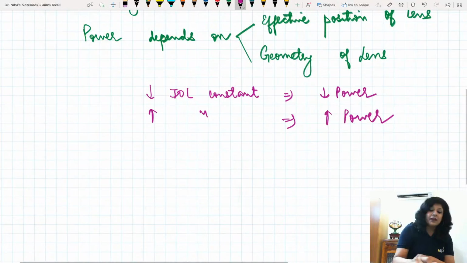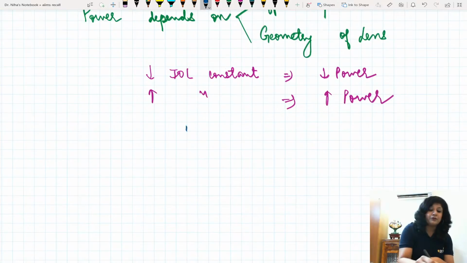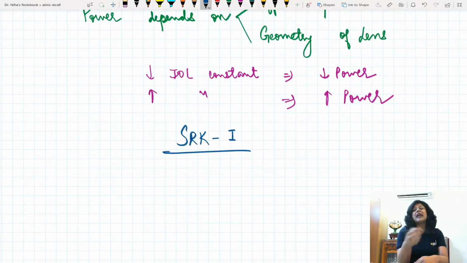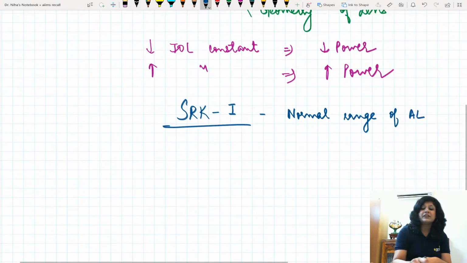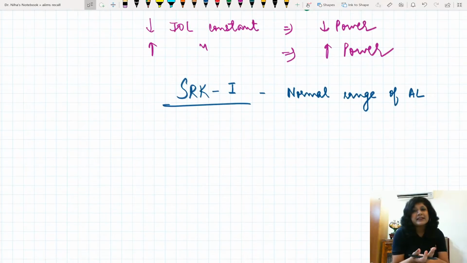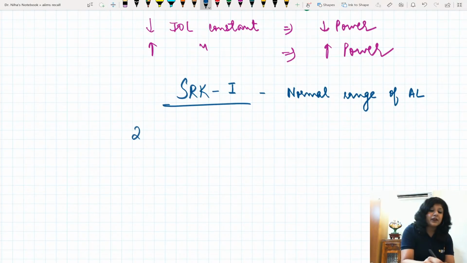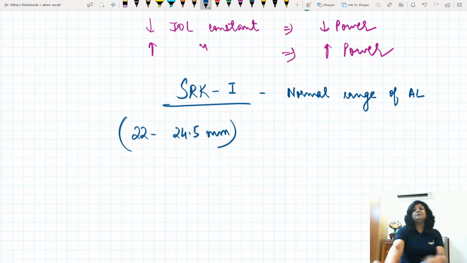Okay, now this SRK1 formula, if I talk about this SRK1 formula, this is actually for the normal range of the axial length. Now you will say, what is normal range of axial length? It is between 22 to 24.5 mm of the axial length.